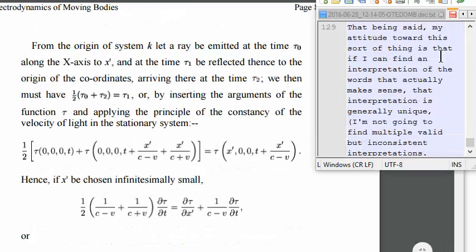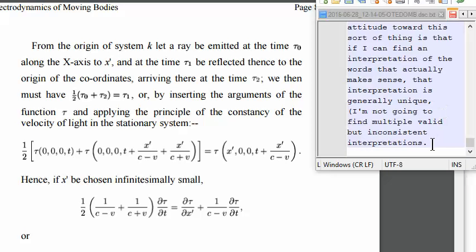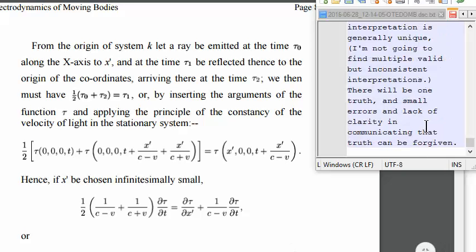That being said, my attitude toward this sort of thing is that if I can find an interpretation of the words that actually makes sense, that interpretation is generally unique. That is, I'm not going to find multiple valid but inconsistent interpretations. There will be just one truth, and small errors and lack of clarity in communicating that truth can be forgiven.